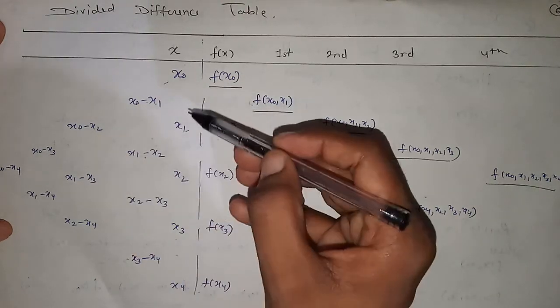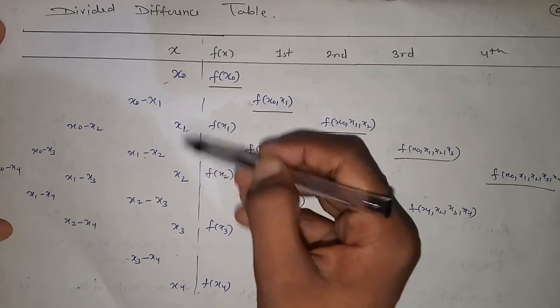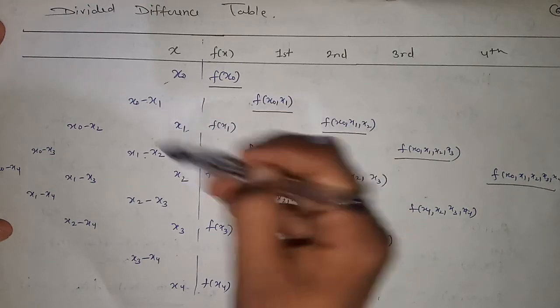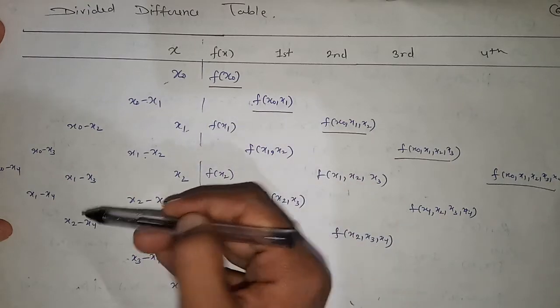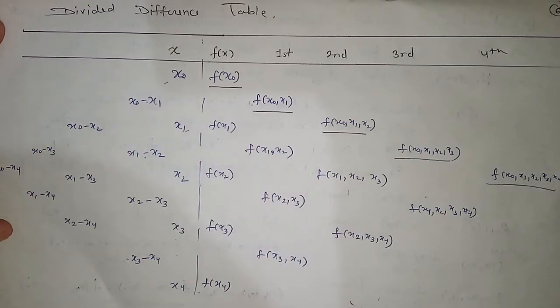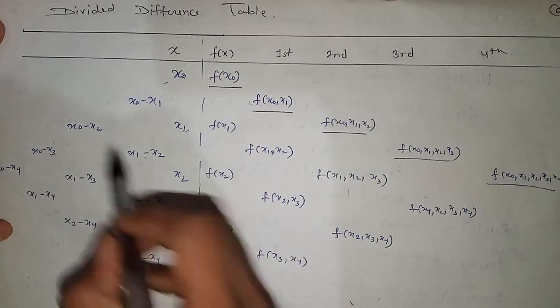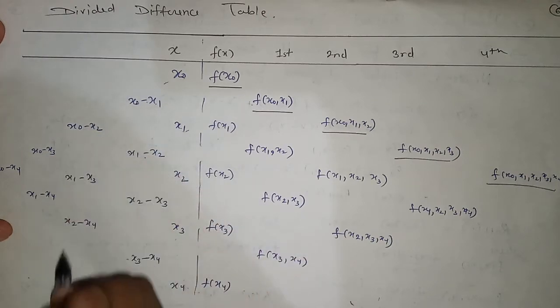Then we will do subtraction after leaving one term: x0 minus x2, x1 minus x3, x2 minus x4. So we leave one term and then do the subtraction. This is our next difference.